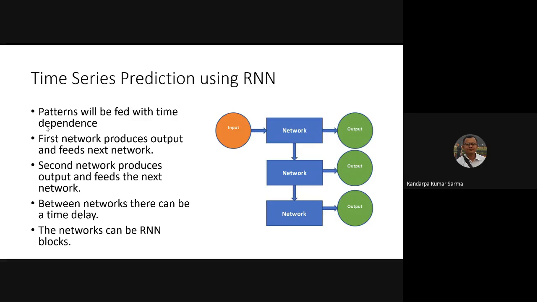Second network will generate a response and feed the third network. Third network will generate a response. That way, you can have a time series prediction generated by the use of an RNN. So this is a very reliable means of doing time series prediction. This is quite useful for deployment with stock market, financial fluctuations, banking, weather prediction, and so on and so forth.